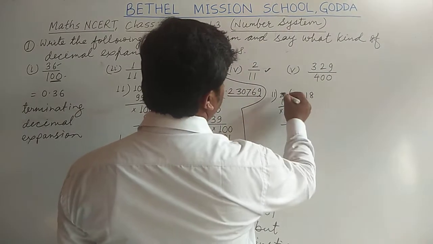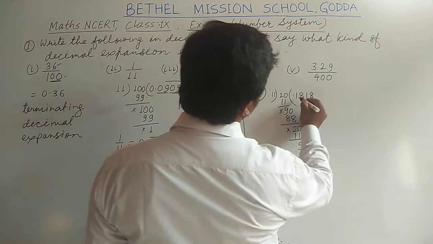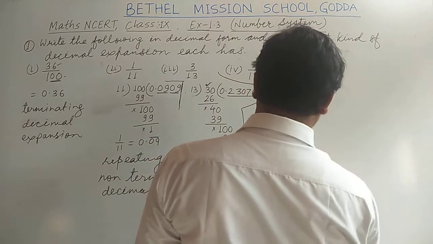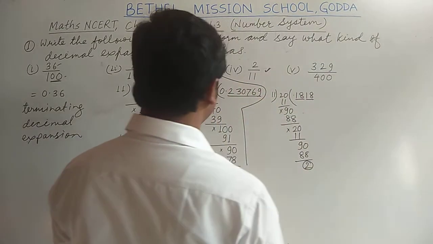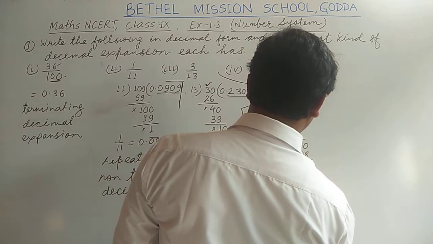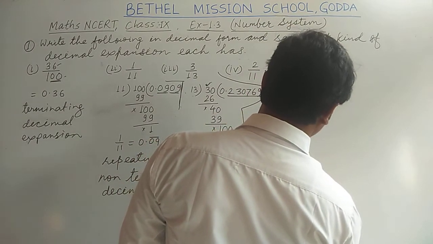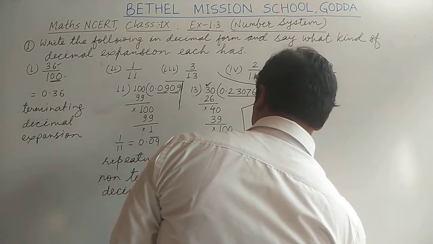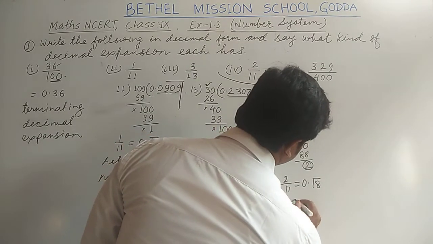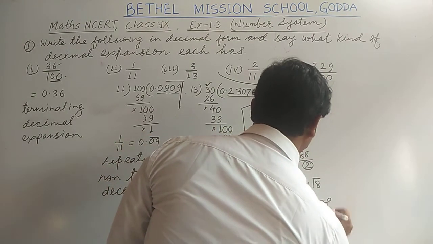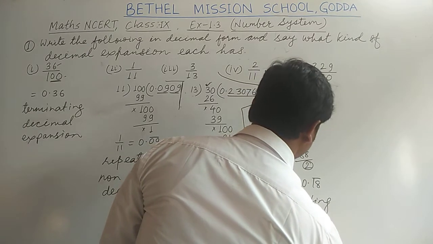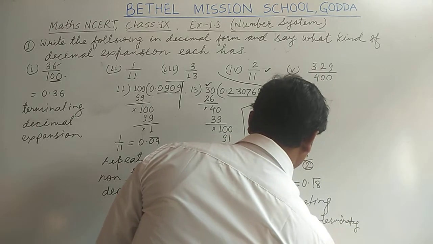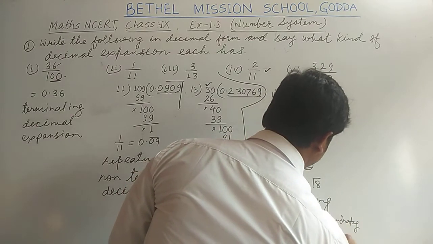So the 2 is coming again, it means 18 is repeating. So this type of decimal is repeating but non-terminating. So 2 by 11 equals 0.18, and 18 is repeating. So we will write repeating but non-terminating decimal expansion.